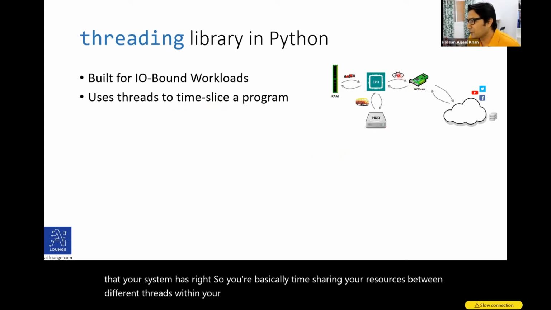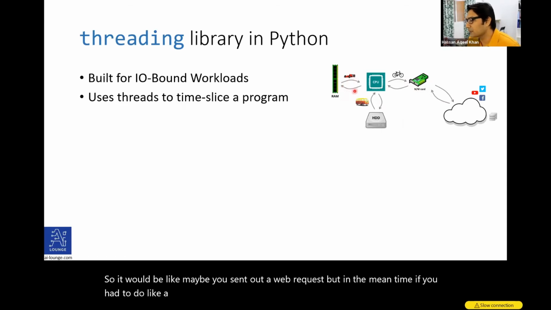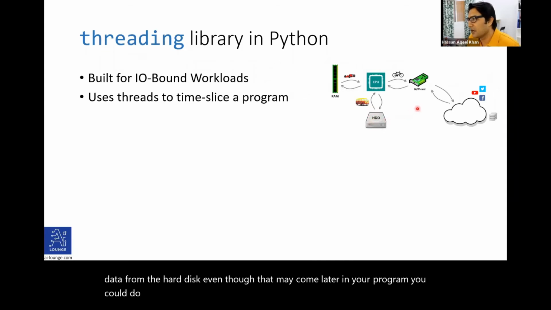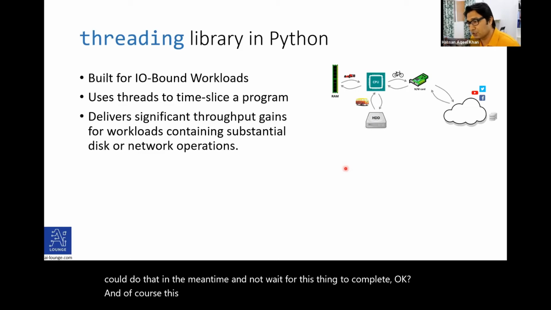Maybe you sent out a web request, but in the meantime, if you had to do a RAM operation, you could do that. Maybe you had to read some data from the hard disk, even though that may come later in your program, you could do that in the meantime and not wait for this to complete. Of course, this delivers significant throughput gains for workloads that contain substantial disk or network operations.